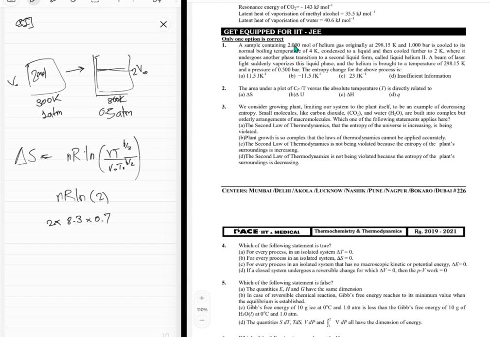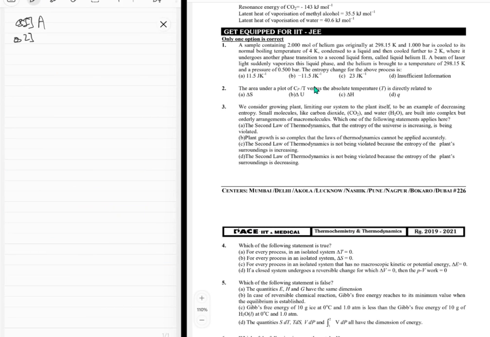So this is 16.6 times 0.7, which is 11.62, close to 11.5. And the entropy increases, so the total change is positive. So that's the first answer. Right, next question.